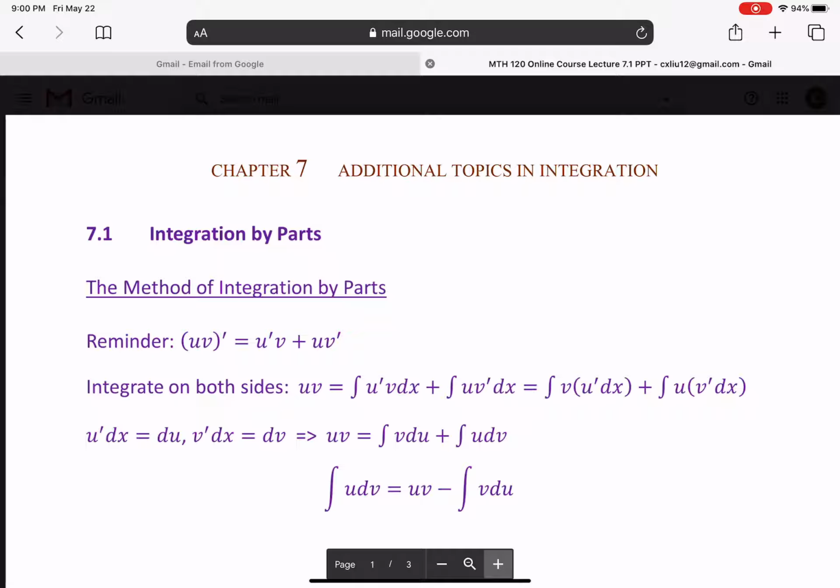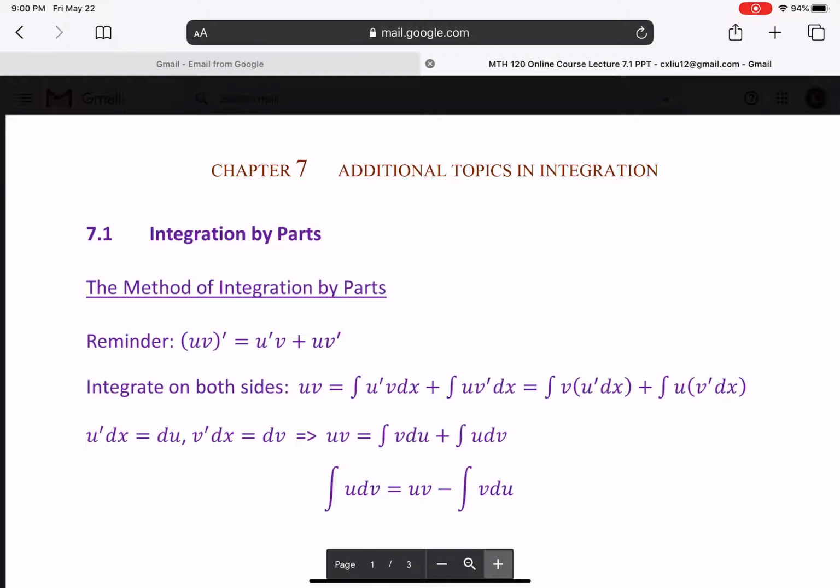If you still remember the product rule for differentiation, it says the derivative of the product of two functions u and v is equal to u prime v plus uv prime. If you integrate on both sides, you get uv on the left, and you get two integrals on the right, which are the integral of u prime v dx and the integral of uv prime dx. You can rearrange the terms in each integral to get v times u prime dx and u times v prime dx.